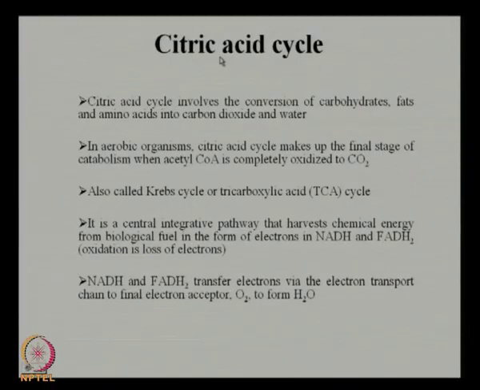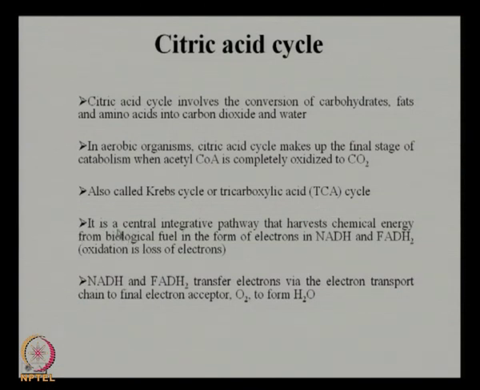So, the citric acid cycle at a glance: it involves the conversion of carbohydrates, fats and amino acids into carbon dioxide and water. In aerobic organisms, the citric acid cycle makes up the final stage of catabolism, when acetyl CoA is completely oxidized to carbon dioxide. This is also known as the Krebs cycle or TCA cycle, as I have already mentioned.